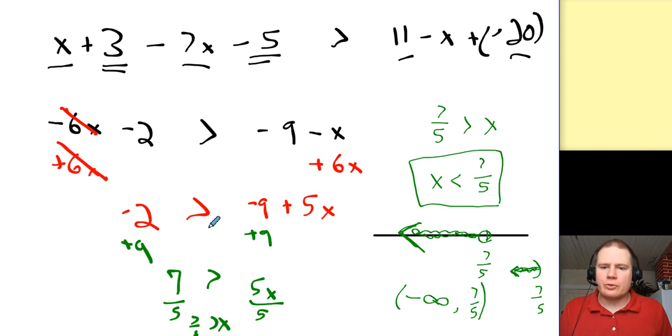All right, now let's zero in on this last bit here. 7 is greater than 5x. Let's pick some easier numbers. Let's say 10 is less than 5x. So I've got 10.